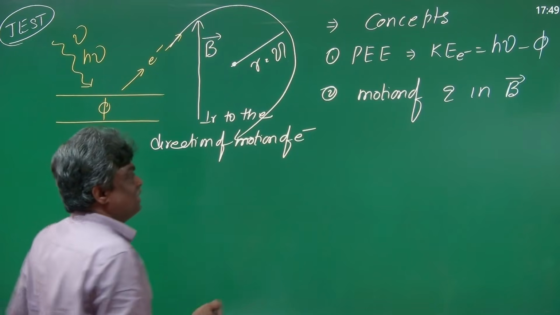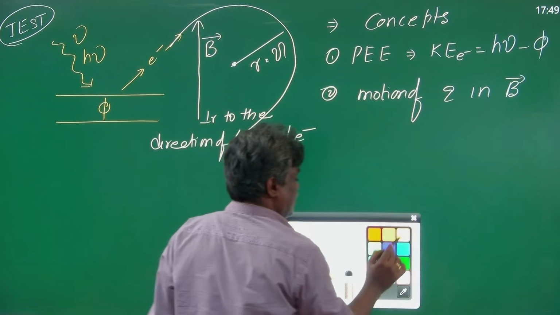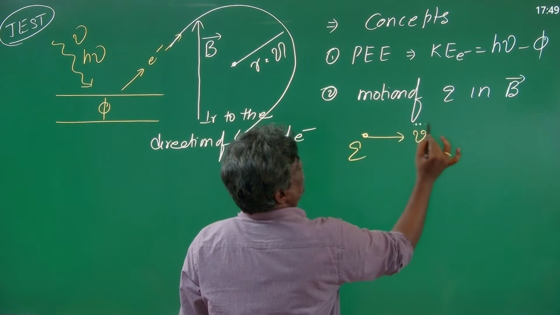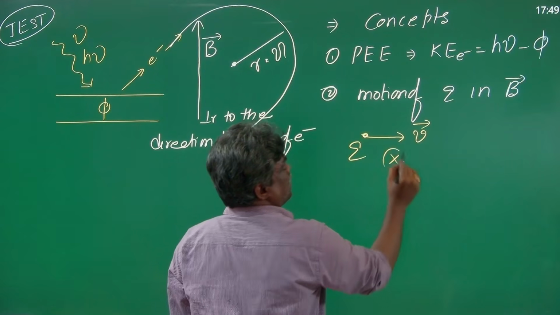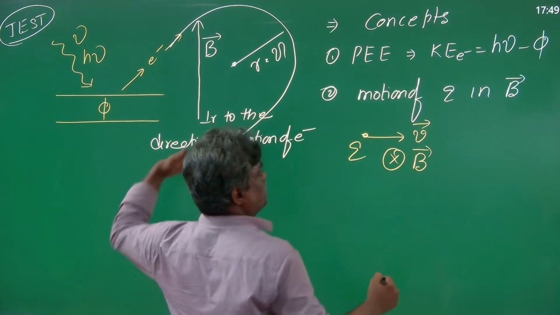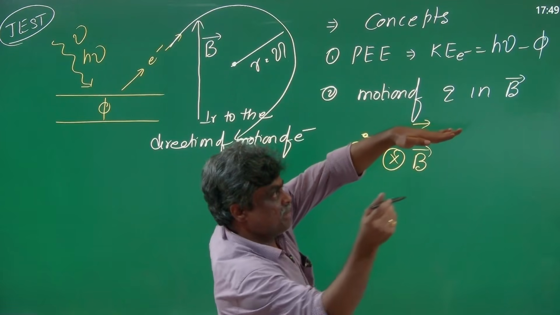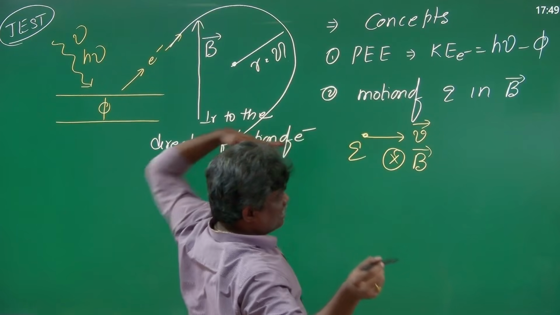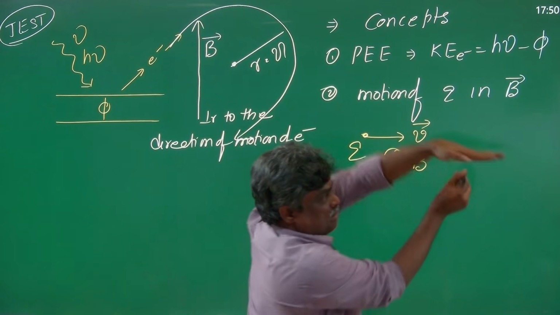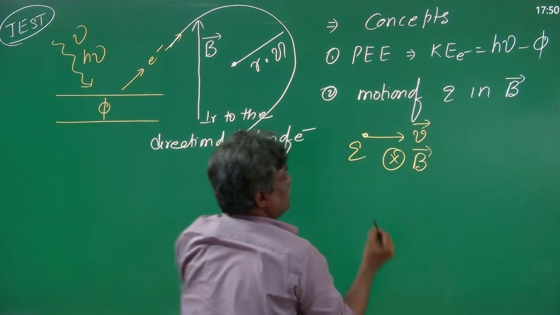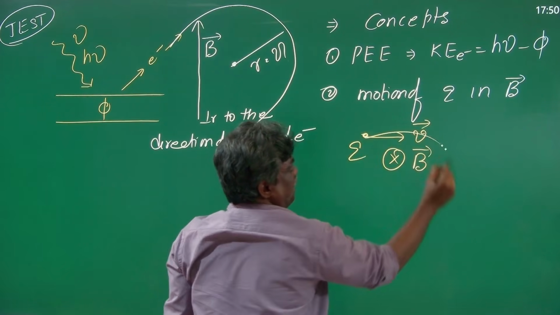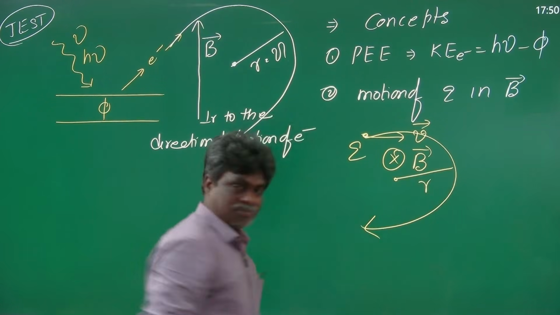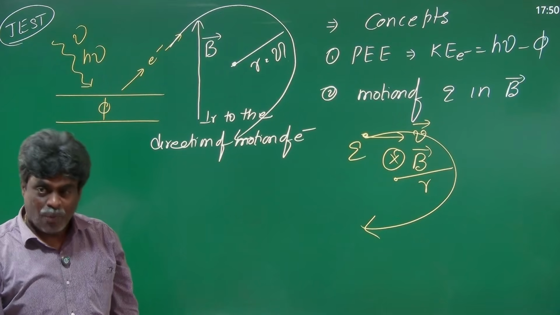For example, here is a charged particle Q moving with velocity v, and I apply a perpendicular magnetic field, into the board. The charged particle is moving like this, and this is the magnetic field. Then what will happen? It makes a circular track of radius r. Why?